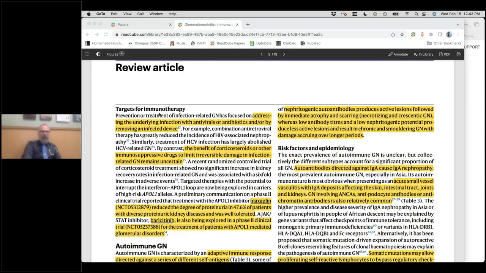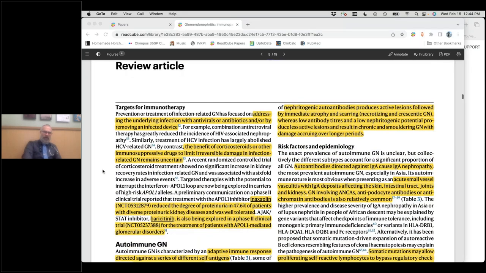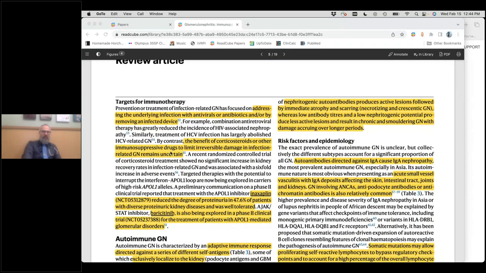The benefit of corticosteroids or other immunosuppressive drugs to limit irreversible damage in infection-related GN remains uncertain, which is what we see in our patients. We get the diagnosis of immune complex GN, and we're hopeful that we might have an opportunity to reverse some of their disease, but it's still a guarded prognosis whether that will be the case.